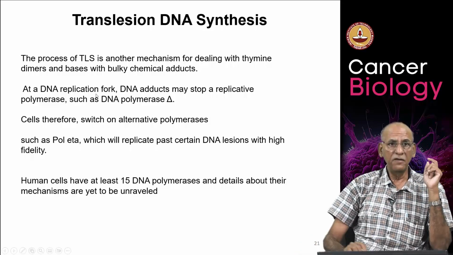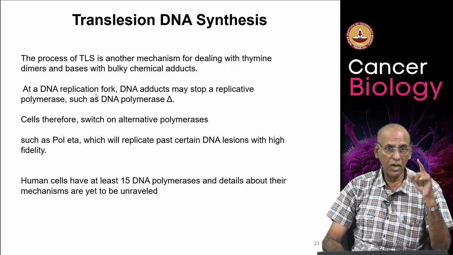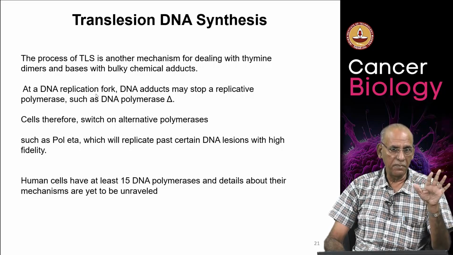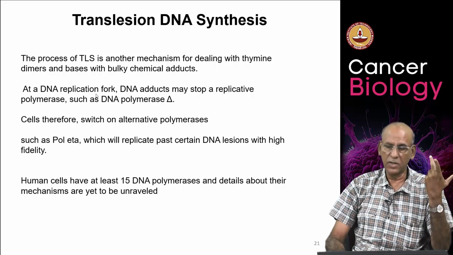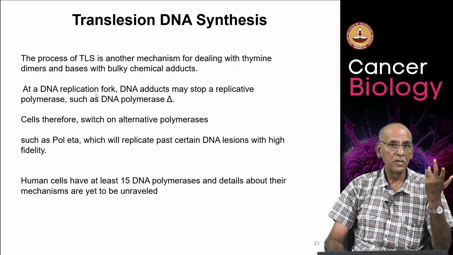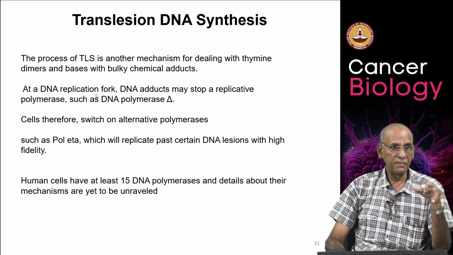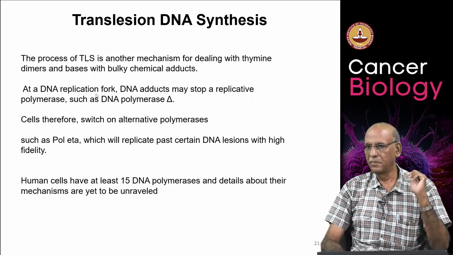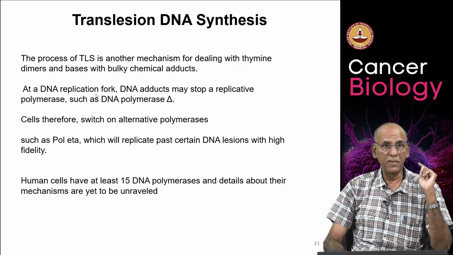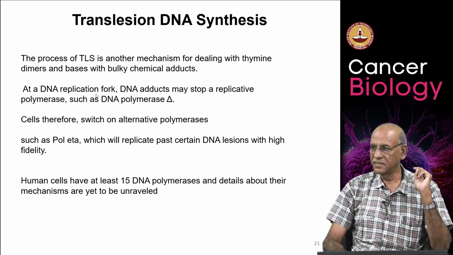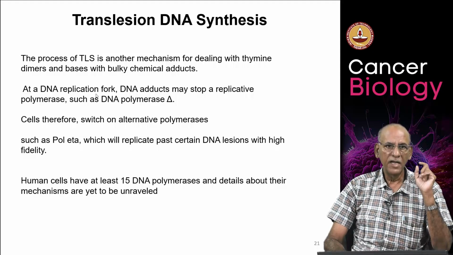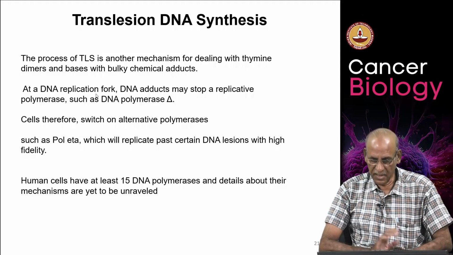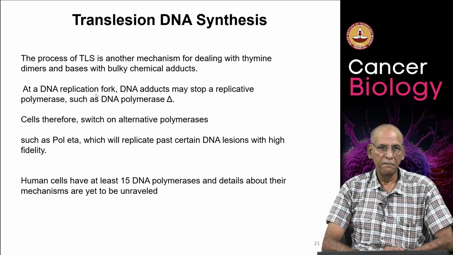So, what will happen if there is a replication fork and you have a problem here because of the break? Then it will stop. The regular DNA polymerase, DNA polymerase delta, may not work. So, the cells will look for alternative polymerases. One such polymerase which is active in this translesion DNA synthesis is called pol eta, polymerase eta, which will replicate past certain DNA lesions with high fidelity.